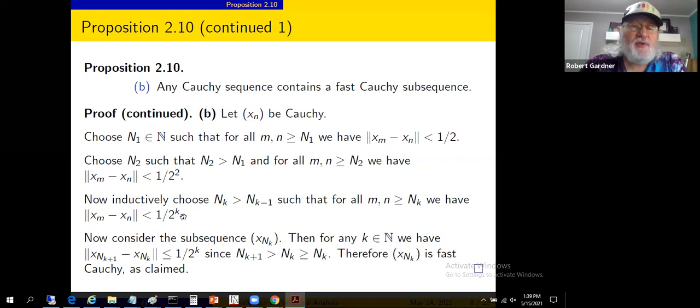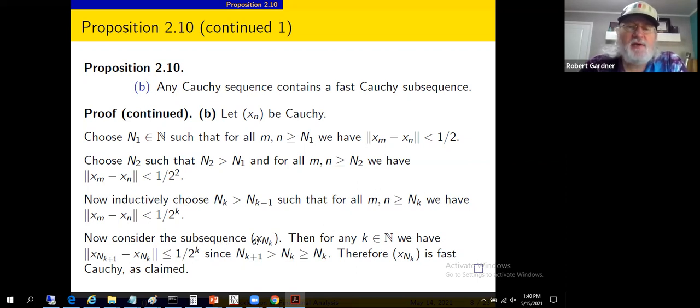So do that for these powers of 1/2. Inductively choose capital N sub k, strictly greater than capital N sub k minus 1, such that for all m and n greater than or equal to that chosen capital N sub k, we have the norm of x sub m minus x sub n less than this epsilon, 1/2 to the k power. So done in terms of the index k.